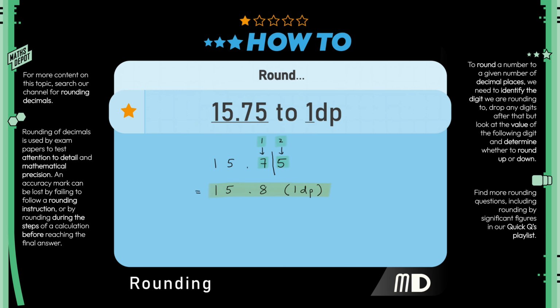So 15.75 rounded to one decimal place is 15.8. Even though a number ending in 5 is exactly halfway between the number above and below, it is standard mathematical practice to always round up.